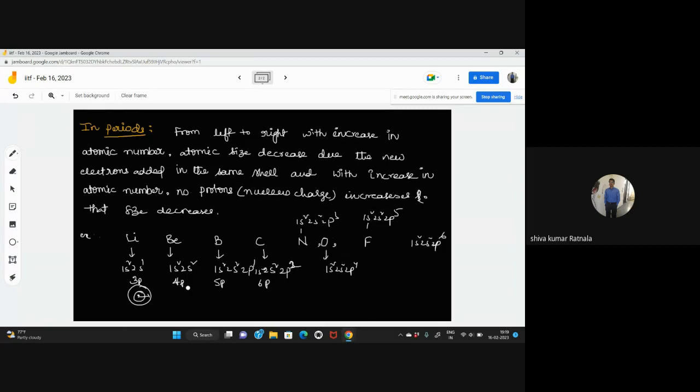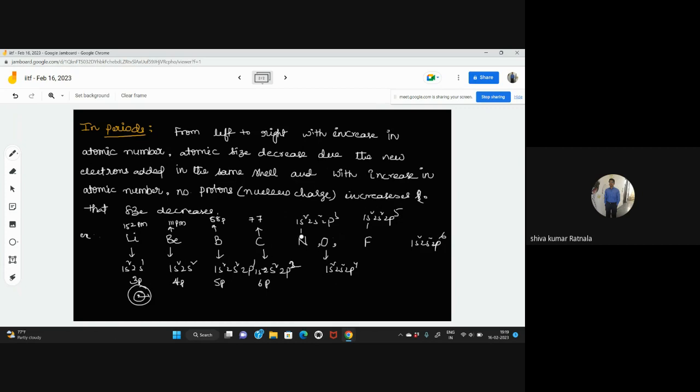For example, if I write it in terms of picometers, lithium will have nearly 152 picometers, whereas beryllium will have 111 picometers, and boron is going to have 88. See how much it is gradually decreasing.